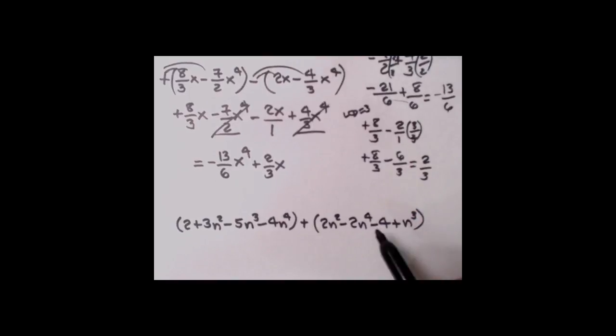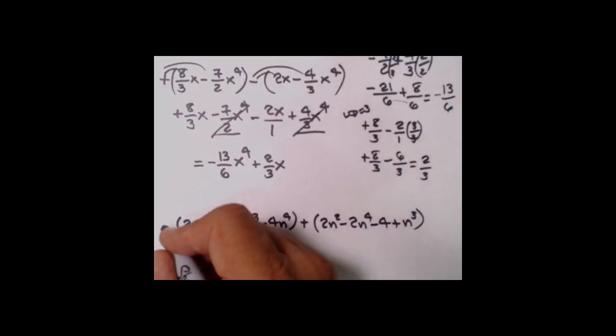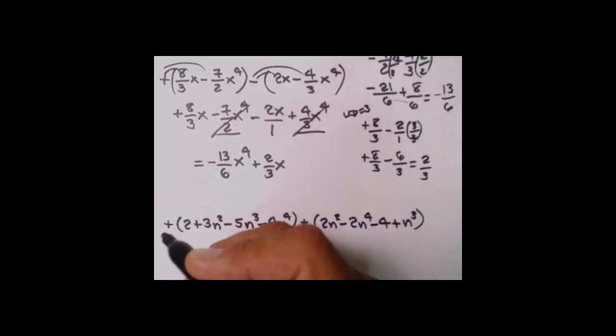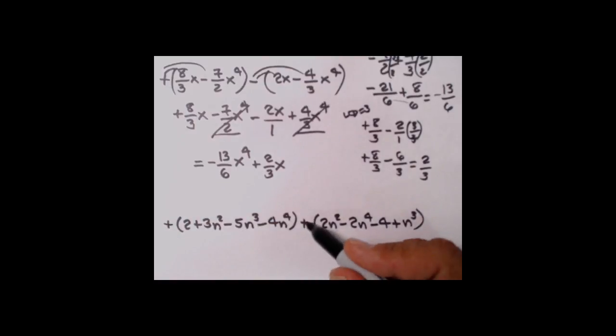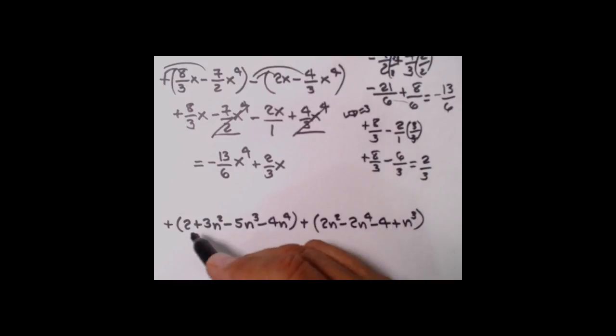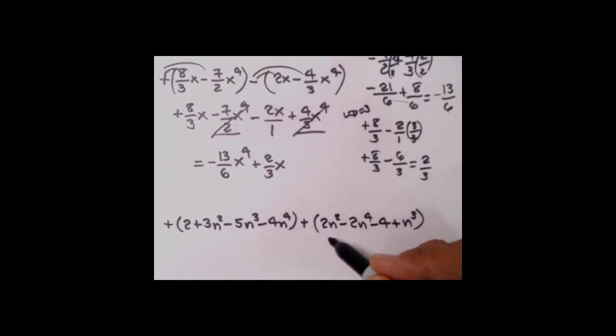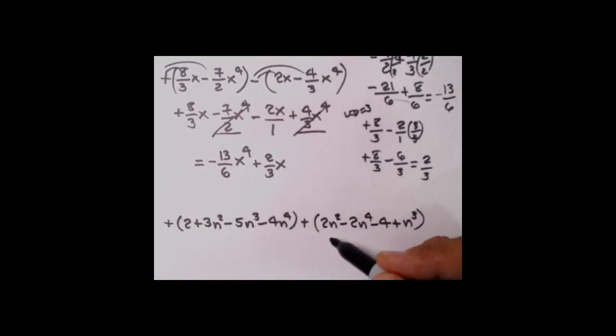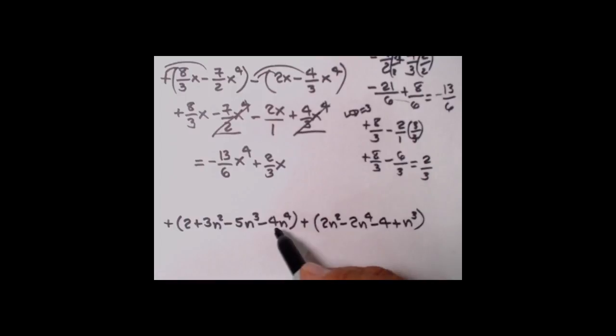These are a couple of 4-term polynomials. No sign in front of the first one, so we assume plus. The second one is a plus, so there's nobody being subtracted. So there are no changes going on, and no need to rewrite them. Let's just put them together in the final answer.